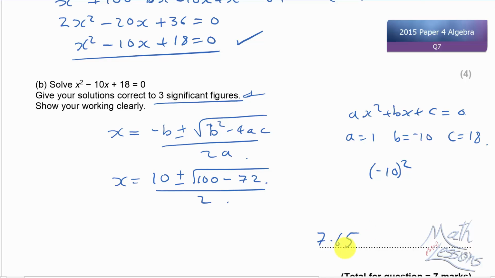Actually, if you give all the calculator display, Edexcel will always mark it right. And your other answer will be 2.35 to 3 significant figures. But as I said, if you write the whole calculator display, they will still give you the marks.